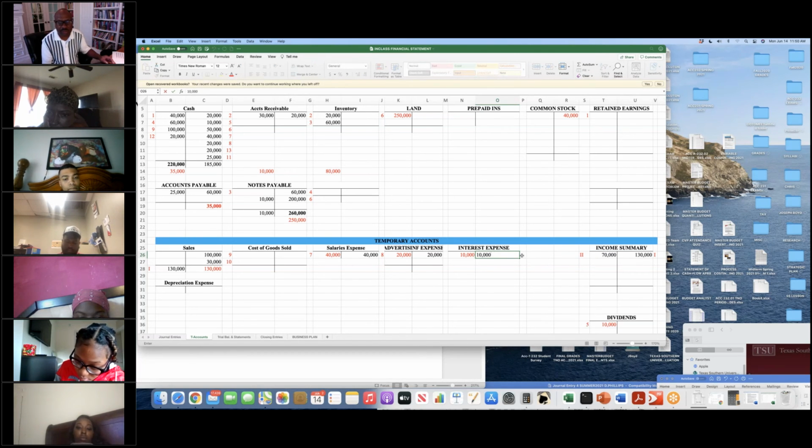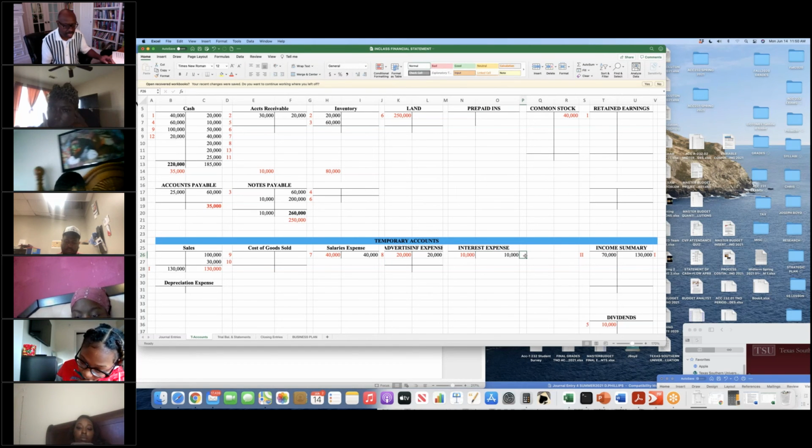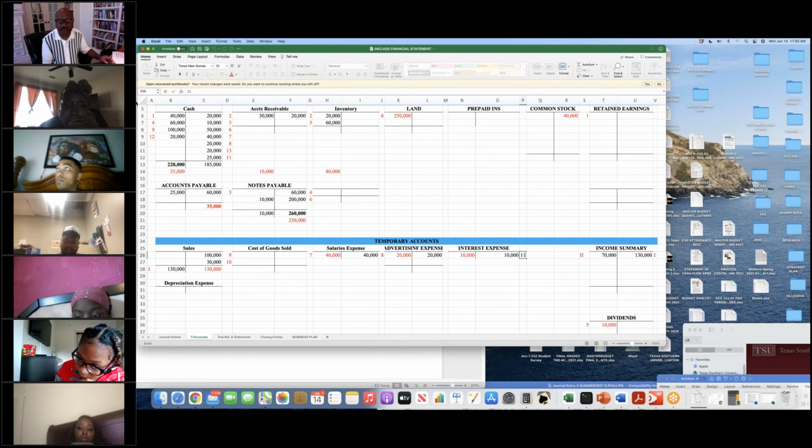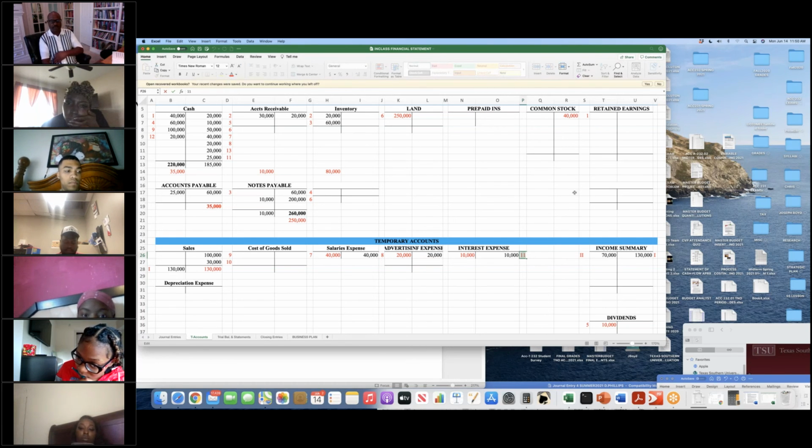And all of these represent the credits for closing entry 2. So once we've done that, then all of these accounts have been zeroed out.